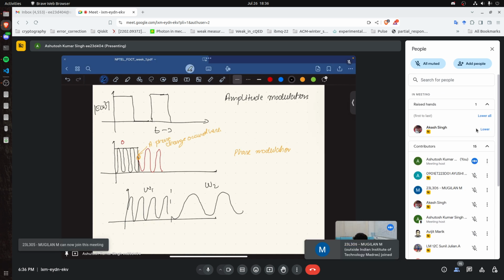So usually what happens, till the last 10-15 years, amplitude modulation was the only thing that was being used, because detecting change in amplitude is very easy. To see if the light is on or off is very easy as compared to detecting the phase of the light itself. So most of the early deployments were amplitude modulations.